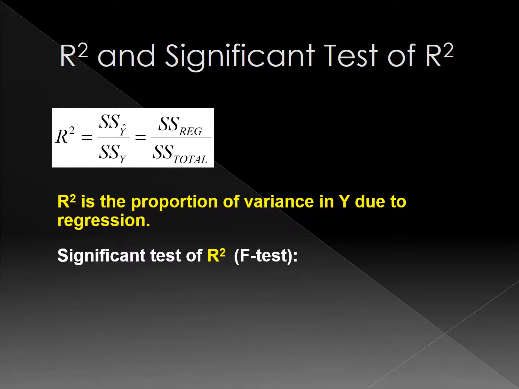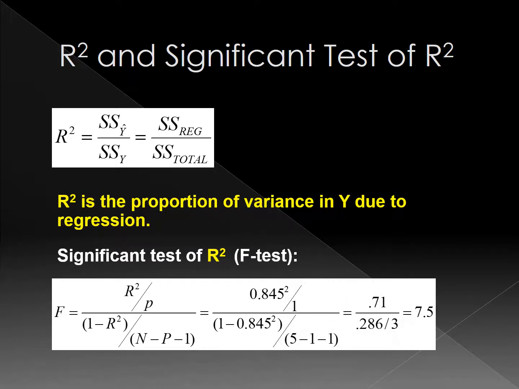Then if we conduct a significance test of R squared, the F-test equals R squared, the proportion of change in Y due to X, divided by the number of predictors. In this case, it was just one predictor, X. The denominator is 1 minus R squared divided by N minus predictors minus 1.